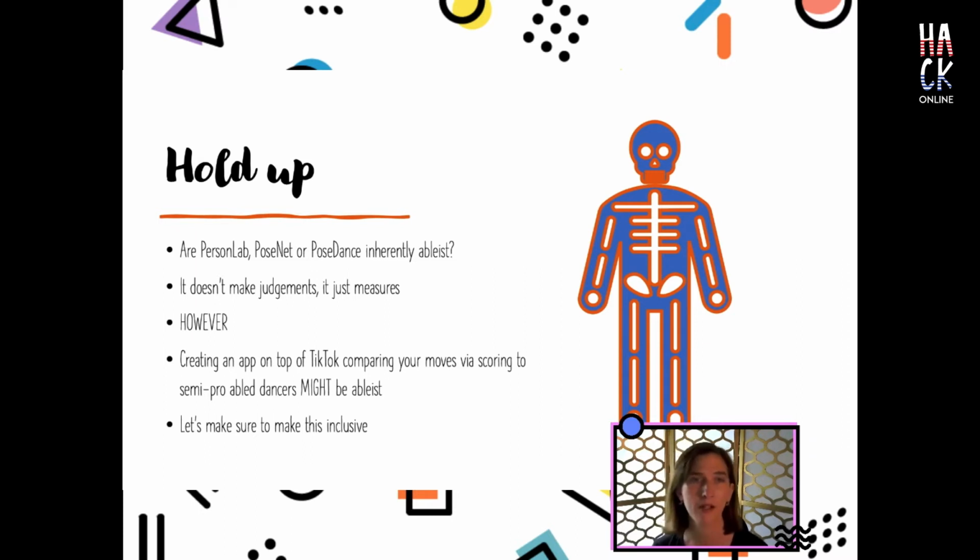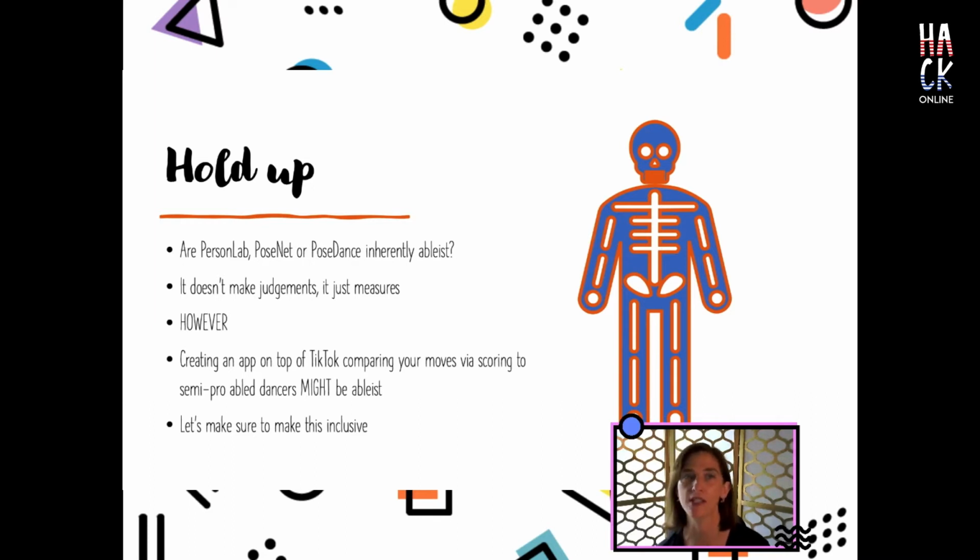Well, the one thing about these algorithms is they don't really make judgments. Now, it is being trained on an algorithm that we perhaps don't know much about. It's something we ought to take a look at, where the pre-trained model is coming from. It's always good to know where the model is built and how it was built. But PersonLab and PoseNet really don't make any kind of judgment.